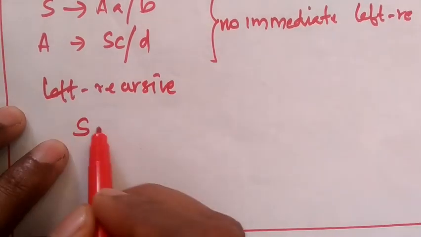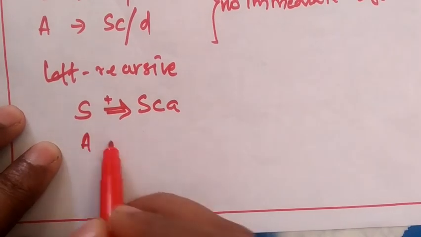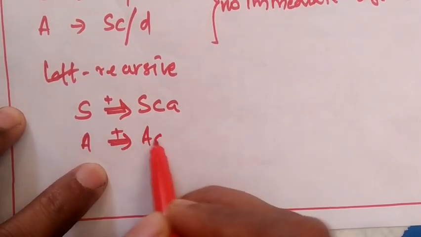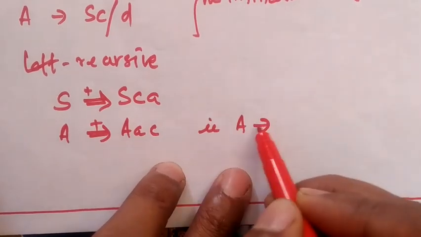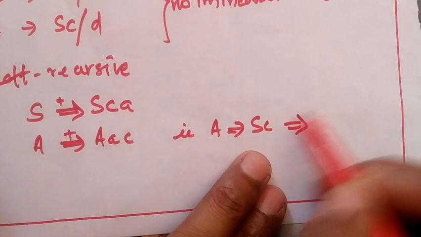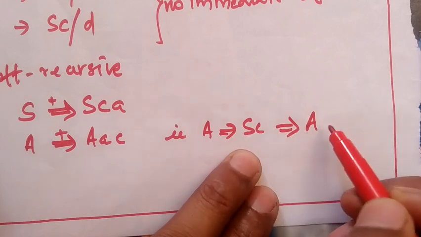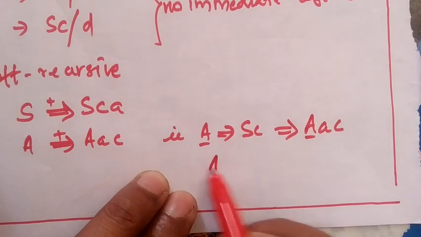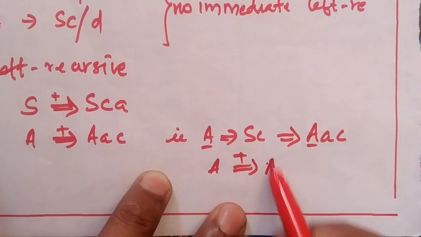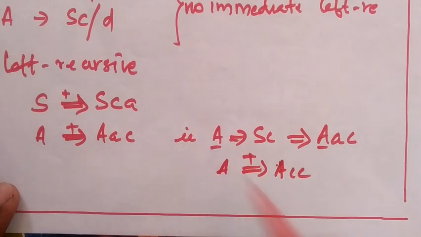So we have seen that yes, we can derive SCA, or in another way we can say A also will derive AAC. That is, A derives SC, then capital SC, then A derives, then S we can replace by A and C. So you can see that here A derives plus ACC. So according to our definition, this grammar is left recursive.